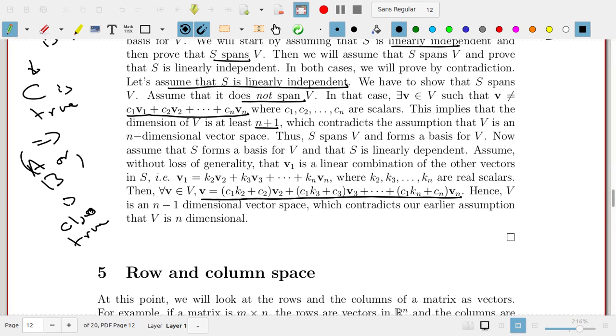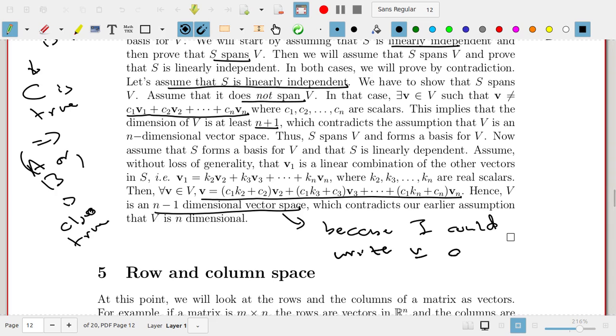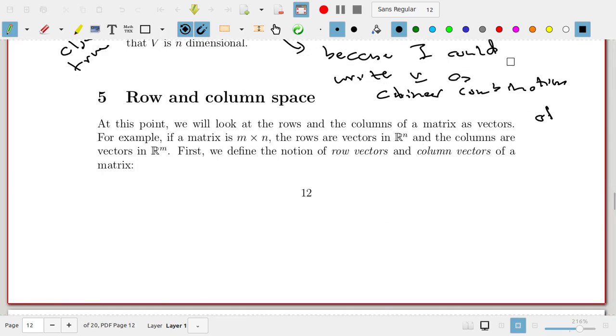So V is an n minus 1 dimensional vector space, because I could write v as a linear combination of n minus 1 vectors, which is a contradiction, because big V is n dimensional, not n minus 1 dimensional.